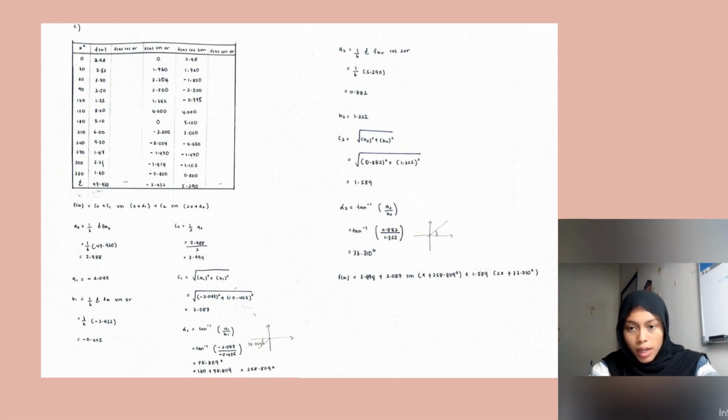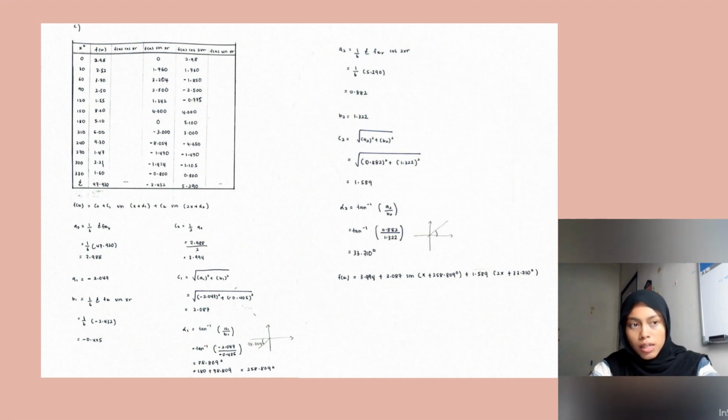And then we get the value for alpha 2, which is 33.710. The value for alpha 2 is in the first quadrant because the values for a2 and b2 are positive.